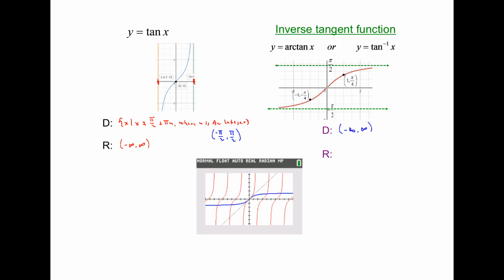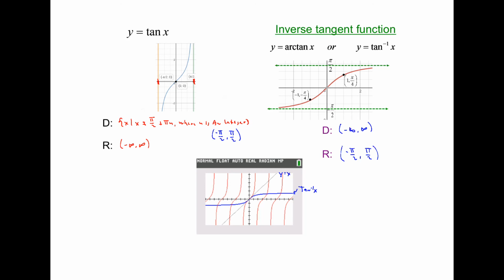And then your range, we're only going to include the angles between negative pi over 2 and pi over 2. Once again, those two values do not exist, though. So you can see the red lines are all your tangent graph, and then the blue one right here represents the inverse of tangent. And that once again reflects over that line y equals x.